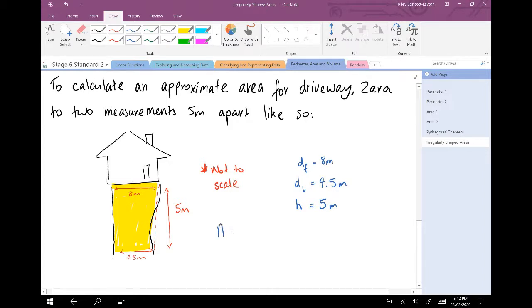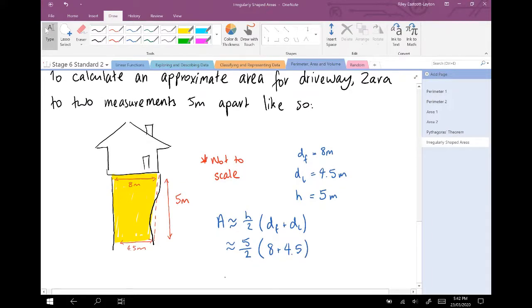So let's use our rule. Area is approximated by h over 2 times the bracket of df plus dl, like so. We're going to sub in everything we know. It's 5 over 2 times the bracket of 8 plus 4.5, which is 2.5 times 8 plus 4.5, which is 12.5.